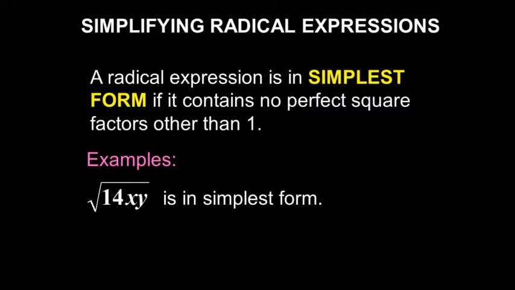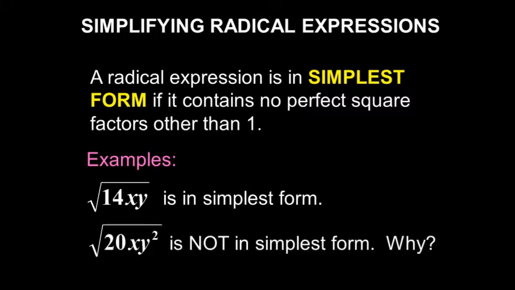Because the radicand here has no perfect square factors other than 1. Another example, the square root of 20xy squared is not in the simplest form. Why is that so? Because the radicand 20 has a perfect square factor that is 4, and the y raised to 2 has a perfect square factor also.